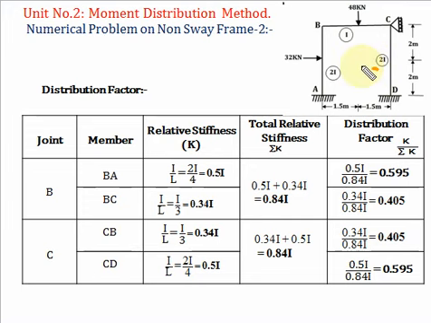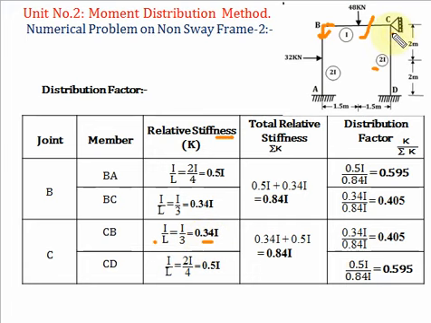So we have to take care when putting in the value of moment of inertia. Now for CB, the far end is continuous, so relative stiffness is I by L. So I divided by span 3 is equal to 0.34 I.